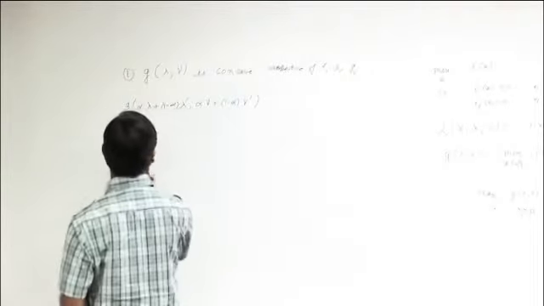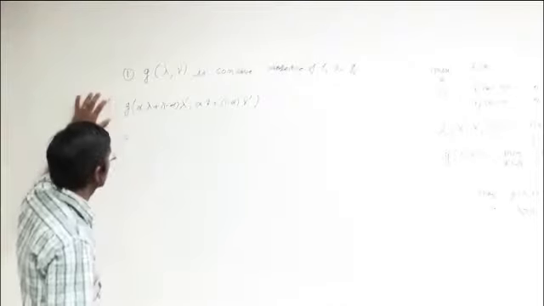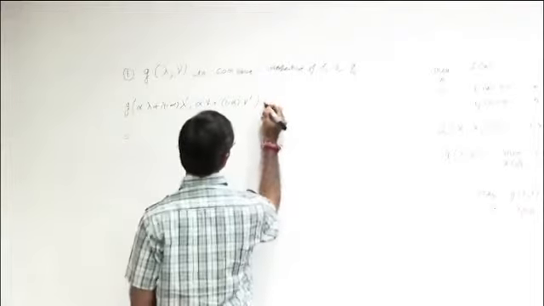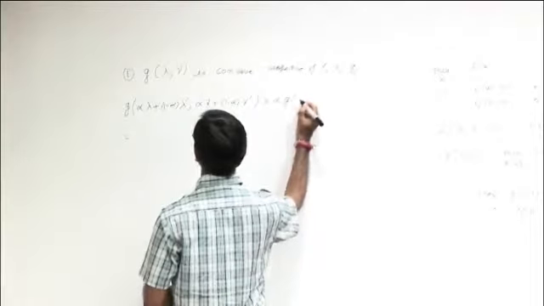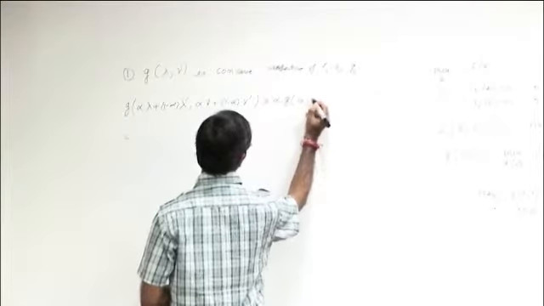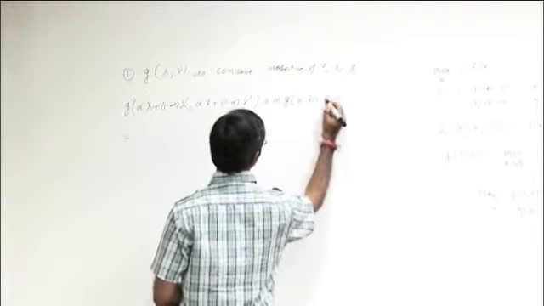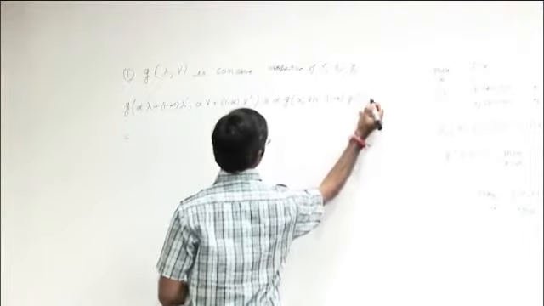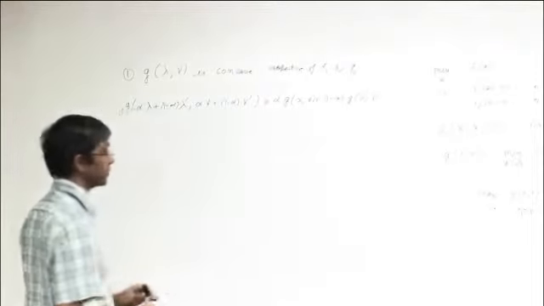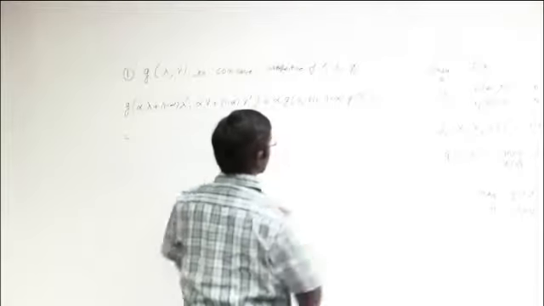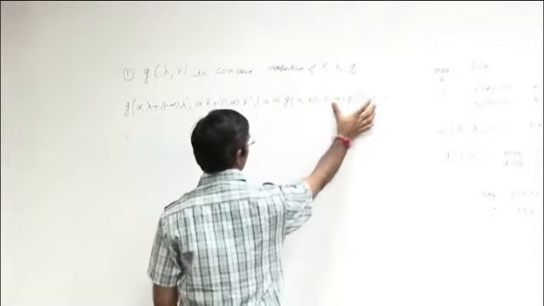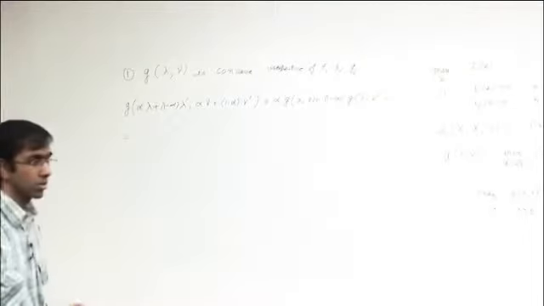If I want to prove that g(lambda, nu) is concave, then I want to show that this quantity is greater than or equal to alpha g(lambda, nu) plus 1 minus alpha g(lambda prime, nu prime), right? That is, for any 2 points, alpha of this plus 1 minus alpha of this is less than or equal to this.